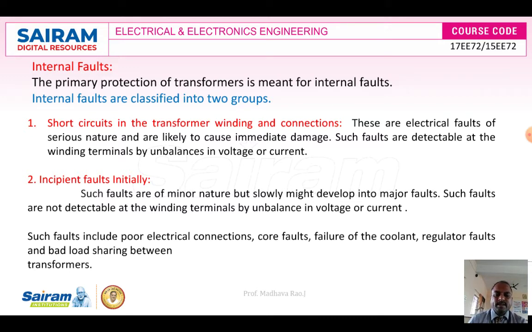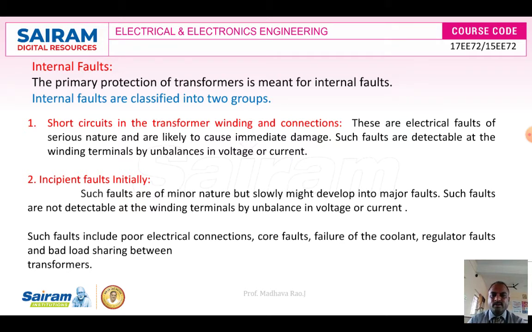The other is incipient faults, where initially some minor faults occur. We have to protect the transformer against those too. Heating, cooling, core and insulation faults come under incipient faults.